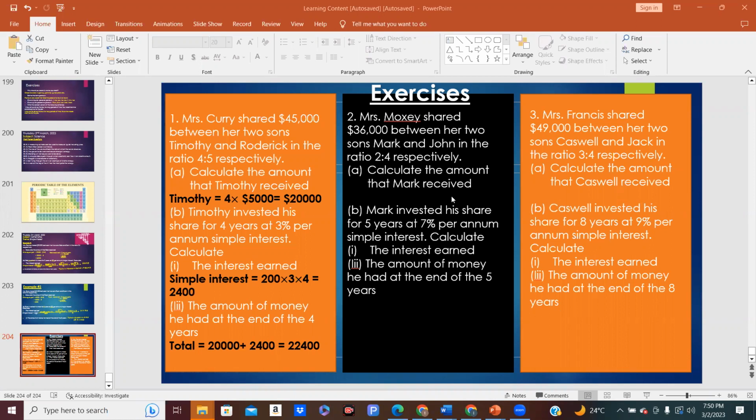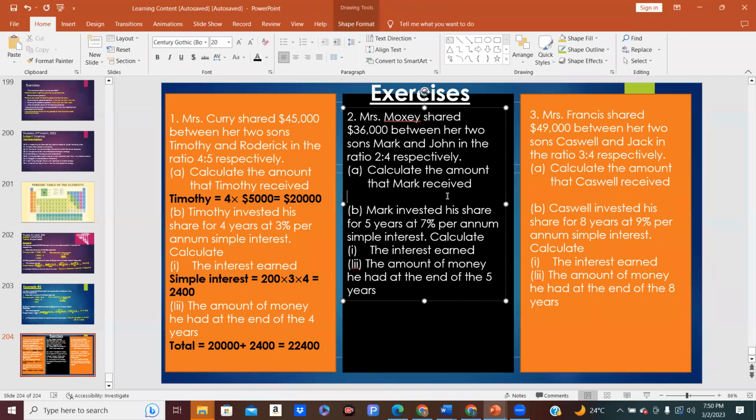So now for number 2, you'll have to find out what is one equal part. That would be 36,000 divided by the sum of 2 plus 4, which would be 6. And when you divide 36,000 by 6, you get 6,000.